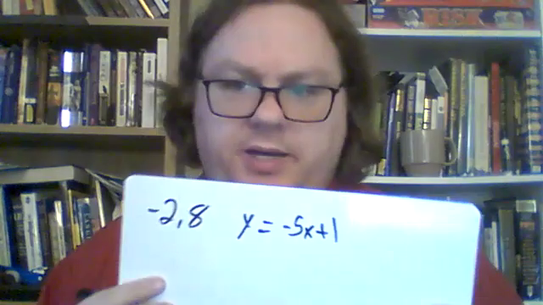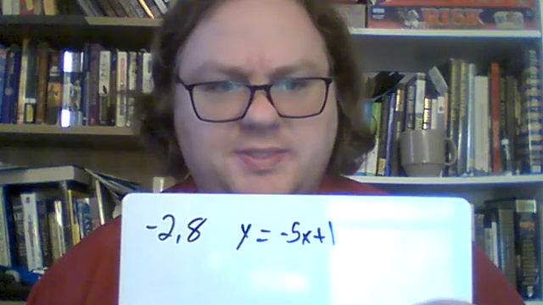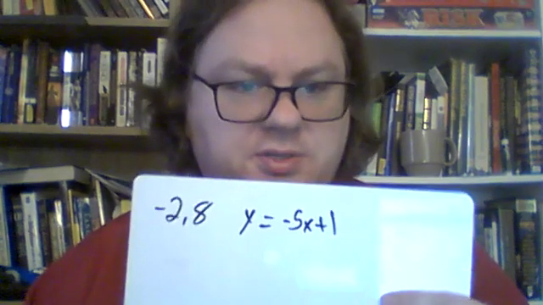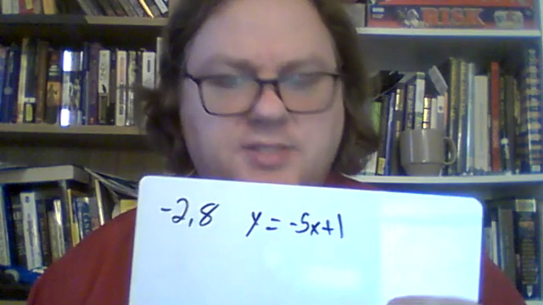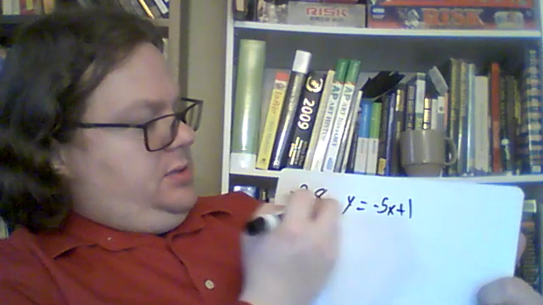This next one's a little harder. Passes through the point -2, 8, and is parallel to y equals -5x plus 1. Right, so that's what they've given us. First, identify the slope. It's -5. Identify the given coordinate. Substitute into point slope form. So y minus y1 is 8.